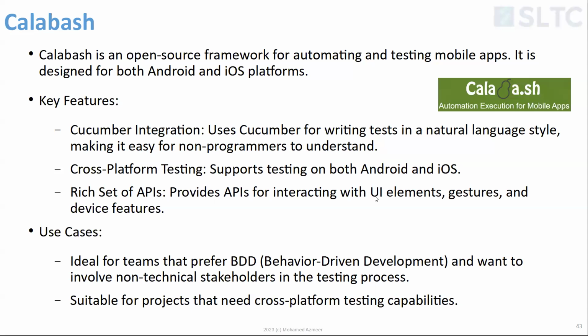And then it has a rich set of APIs suitable for cross-platform testing. And later we'll be looking at another concept called behavior-driven development. So behavior is where you're looking at how a certain user behaves, right? So we can map that behavior into our testing.